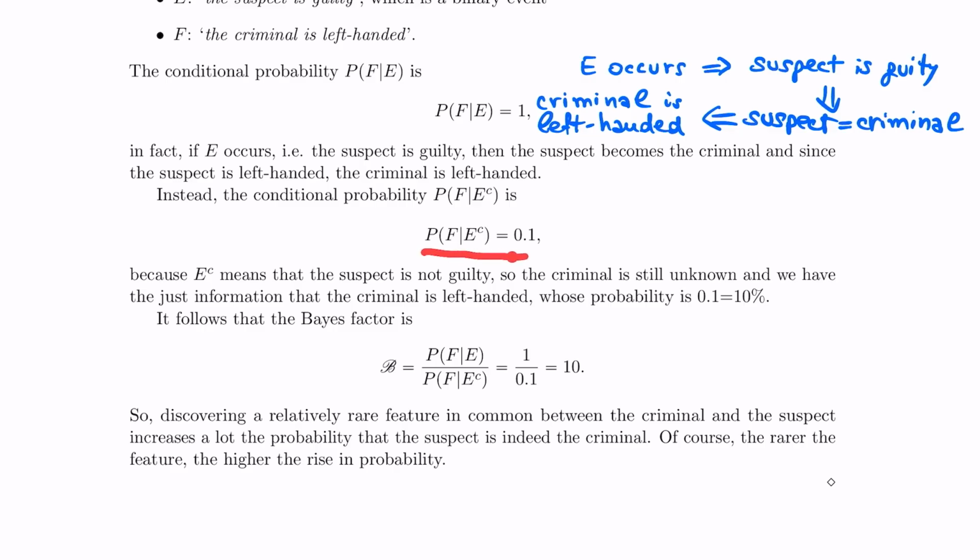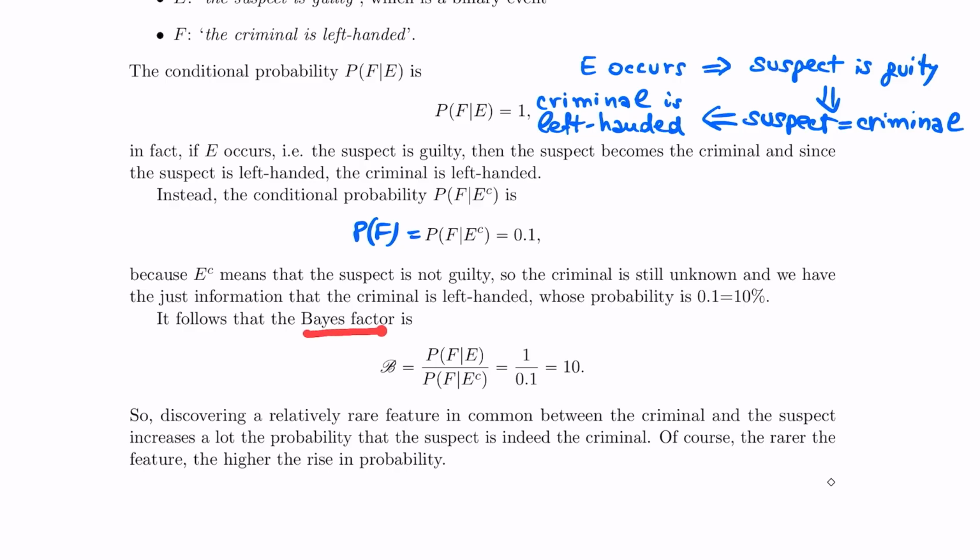So, in this case, the conditional probability of F given the complementary of E is 0.1. In other words, the occurrence of the complementary of E doesn't have any influence on the occurrence of F. And this is the reason why the conditional probability is exactly the same as the prior probability that the criminal is left-handed, which is 0.1.